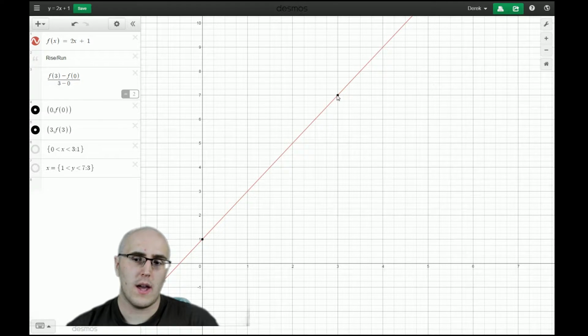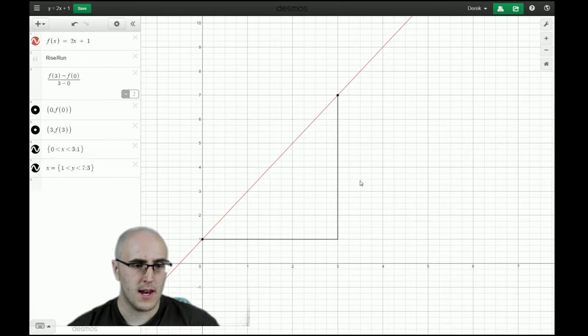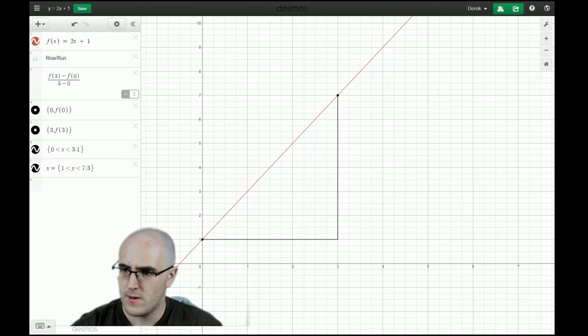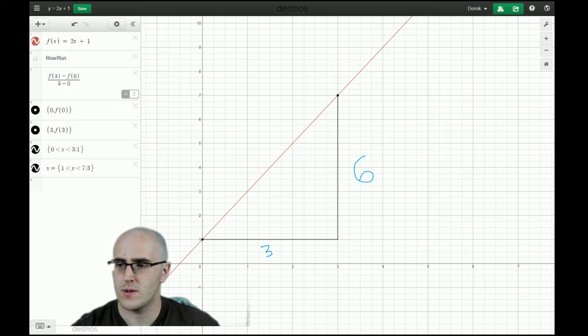And the way hopefully you've been trained to do this is you take a vertical line like this, and then you do the same thing horizontal and connect them, and you take this value, which is 6, and this value, 3, and you divide the two. So 6 over 3 is equal to 2. And that is the slope of the function.